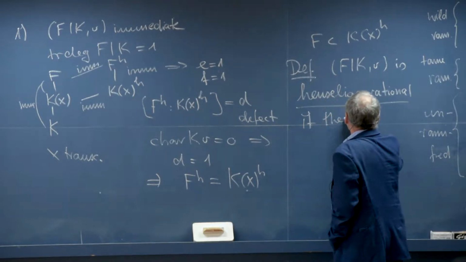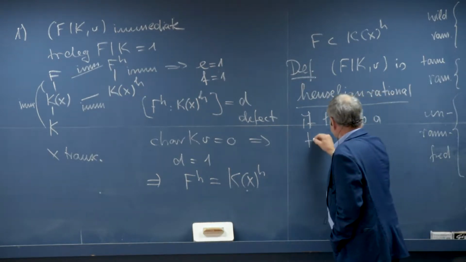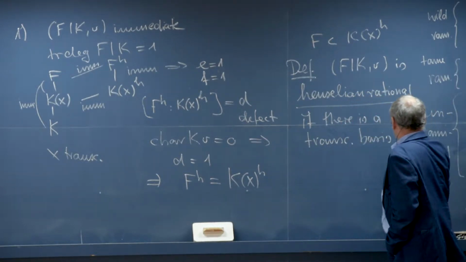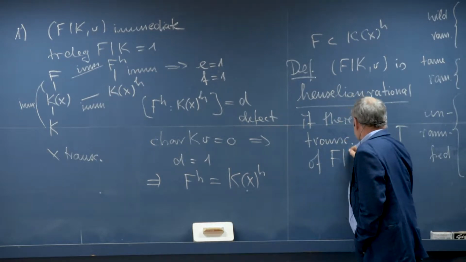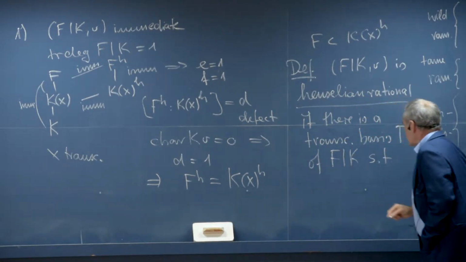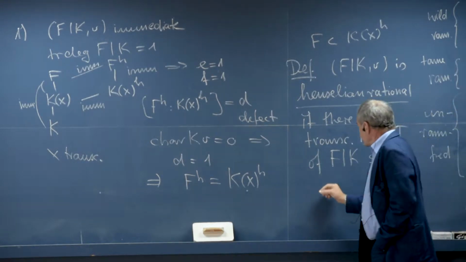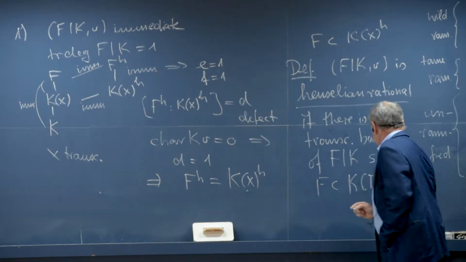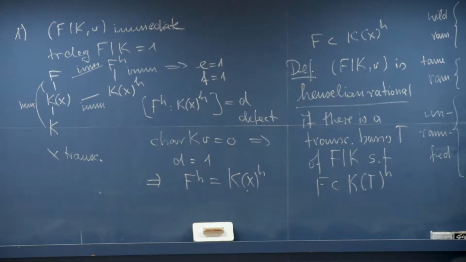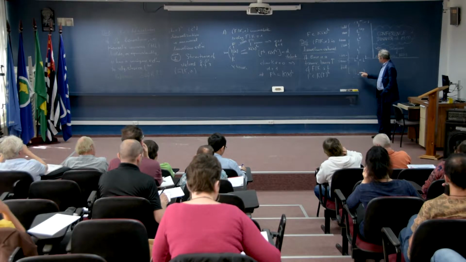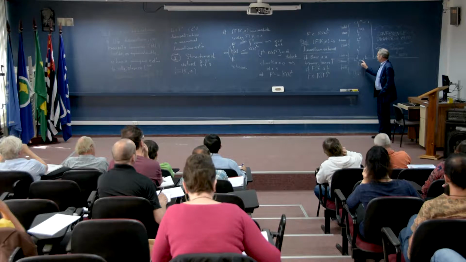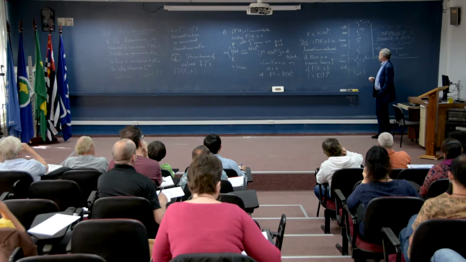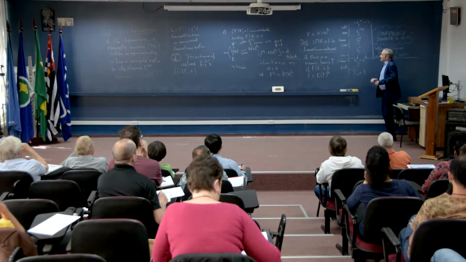If there is a transcendence basis T of F over K such that F is contained in K(T) Henselized. Yeah, so if you take L to be K(T), okay, you get your F into this first step here, the Henselization, which is the absolute decomposition field, as I showed you in my scheme last time.